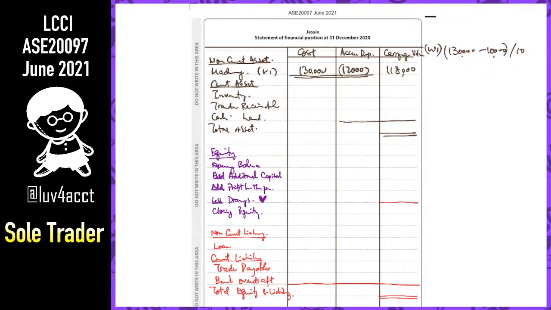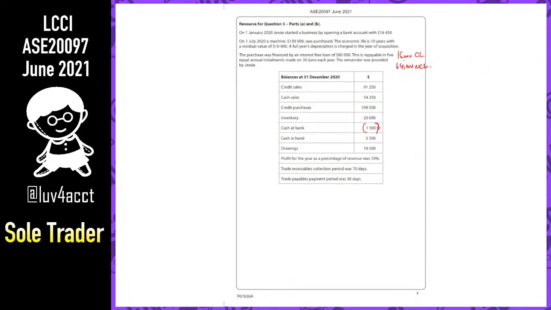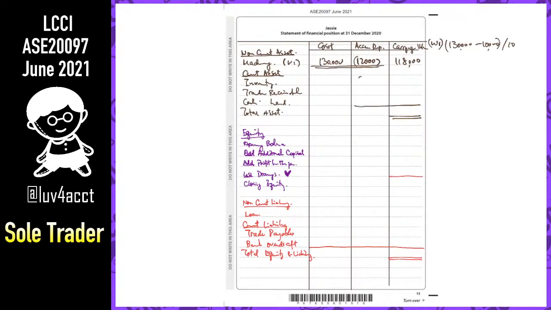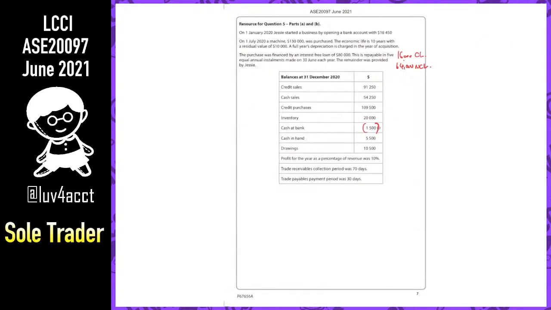Inventory is given to us directly. Let us take a look, 20,000. Let me also put in the cash in hand, cash at bank. Inventory, how much? 20,000. Cash in hand, 5,500, is it? And then overdraft is 1,500. Let me go back. Yes.